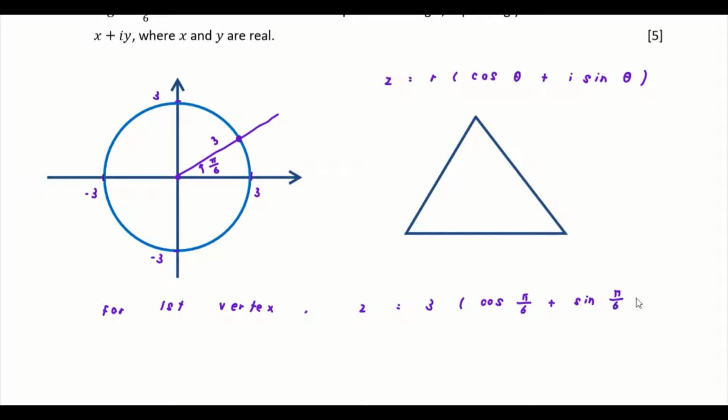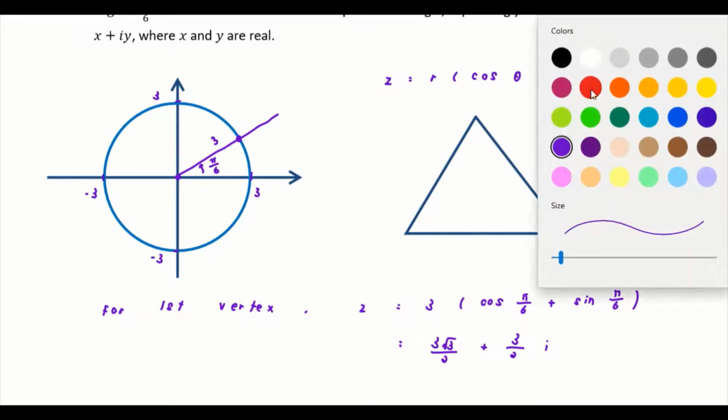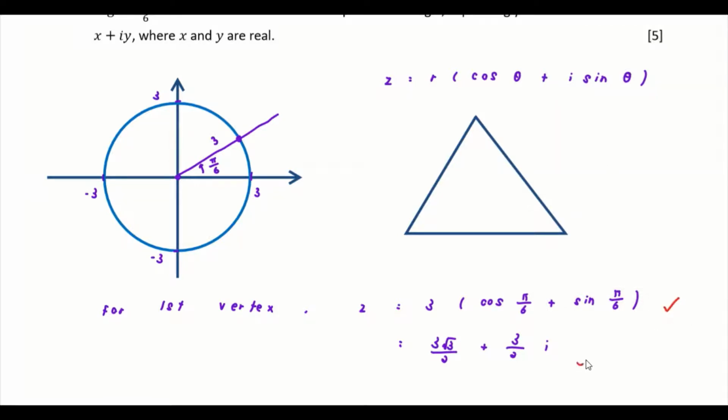Okay, then just by using your calculator, you're able to get your first point, which is equal to 3, then cos π/6 gives square root 3 over 2, so 3 root 3 over 2, and then plus sin π/6, which is 1 over 2, so that's 3/2 i. Okay, so by having this, you get your first point. Actually just by doing this, you have your first mark and your second mark.